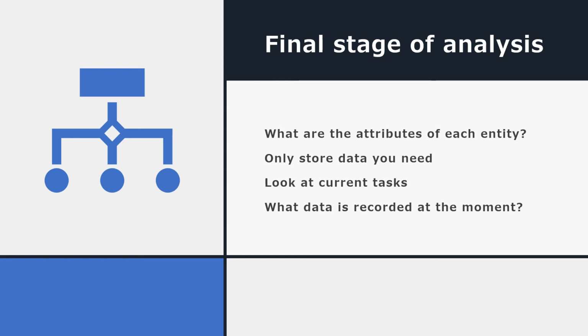A good business practice is to only store data that you need, and a business analyst will typically look at what data is currently being stored, for example about customers, and think whether that data is needed or not. In fact, under data protection, you're not allowed to store irrelevant information about people anyway, so you should be trimming your database down to just the facts that you need for your business.